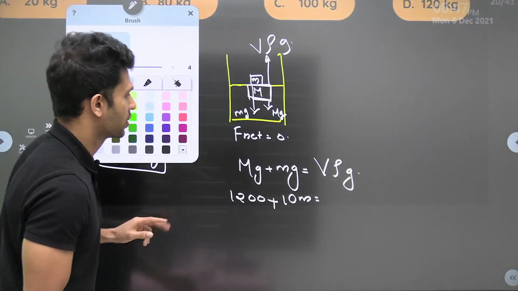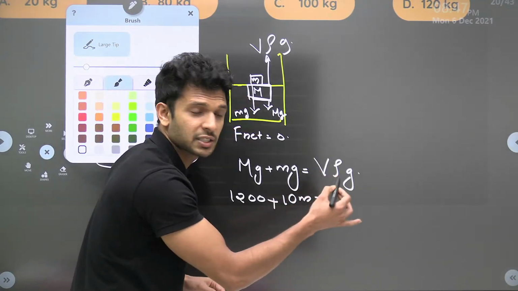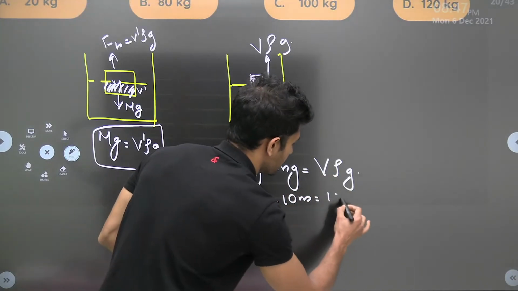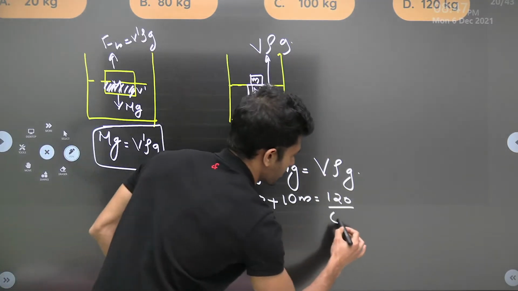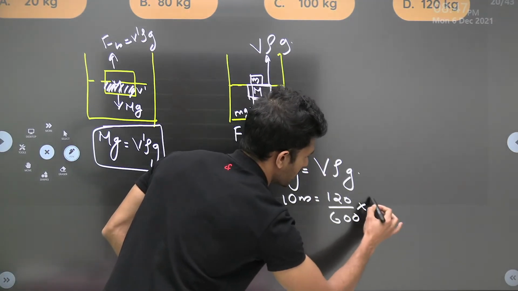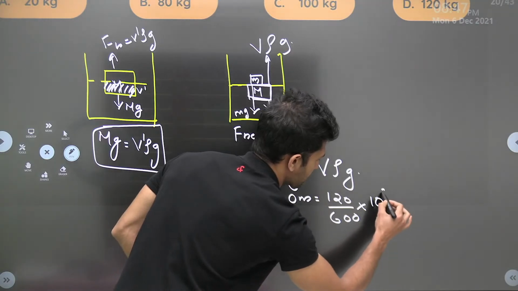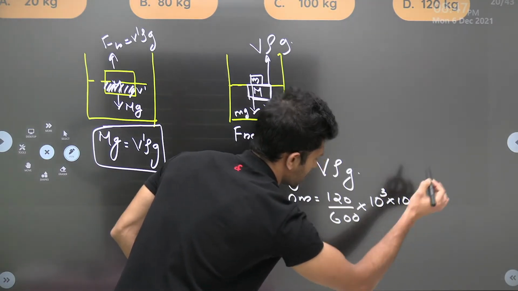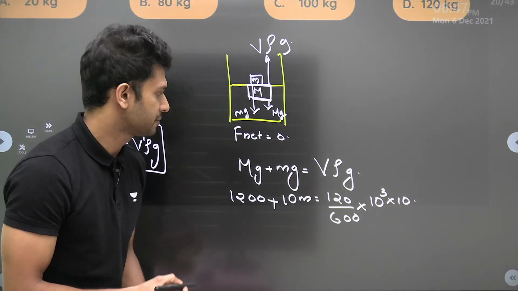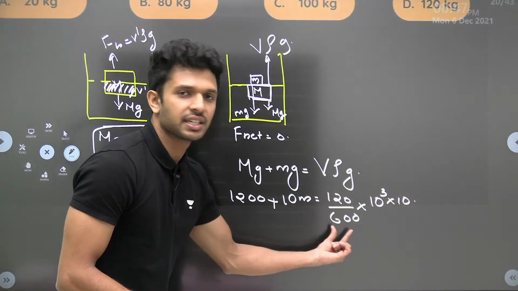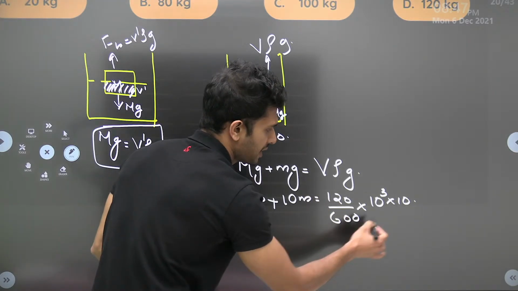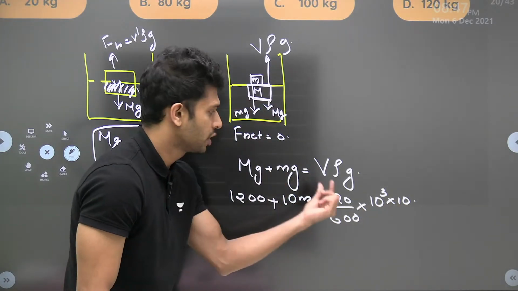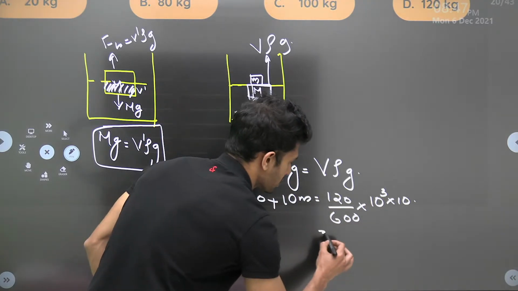Look, volume is equal to mass by density. Mass is 120, density is 600, into density of the liquid, 10 power 3, into g. Done? 120 by 600 is 1 by 5, and 10 by 5 is 2. 2 into 10 power 3 is 2000.